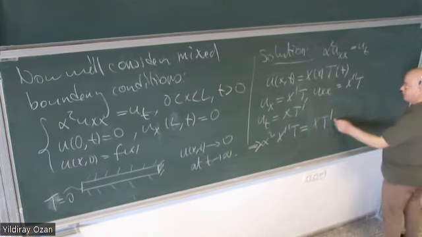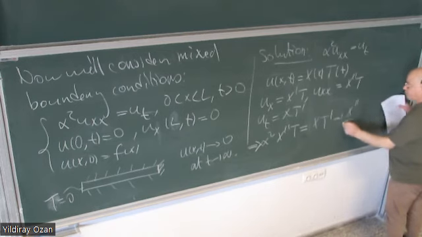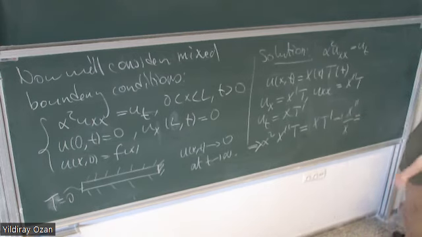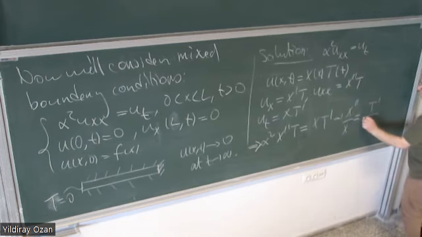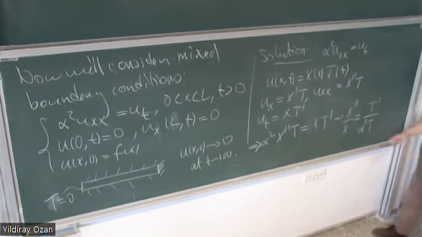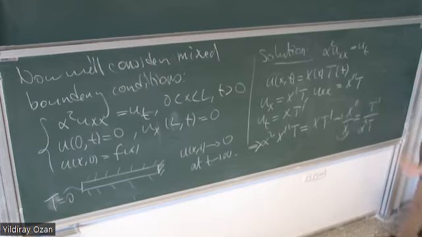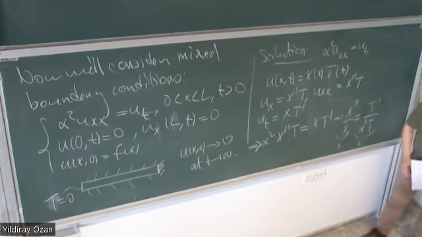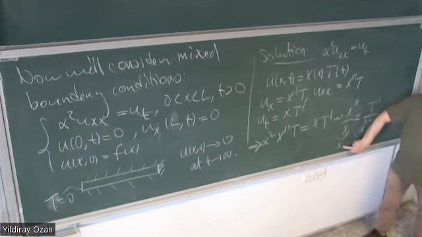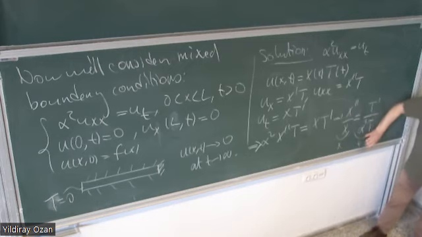And then we write this as X'' over X, and T' over alpha squared T. And then we proceed as follows. X is a function of x only, and this side is a function of t only, and x and t are independent variables, meaning that I can keep x fixed and vary t.